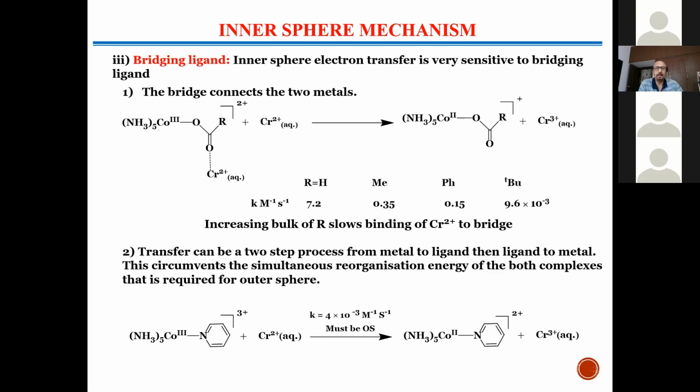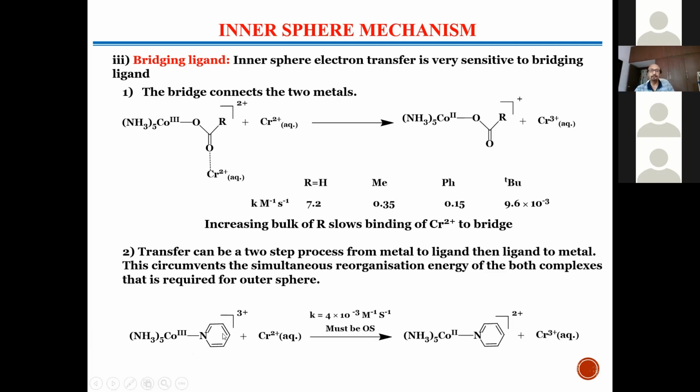Now, for the sake of argument, why would it not follow the inner sphere mechanism? Because there is no suitable group attached to the cobalt side or chromium side which could form the bridge between the two metal centers. Do you see any suitable entity which could bridge between the two metal centers? The answer is no, because pyridine cannot bridge between the two centers.